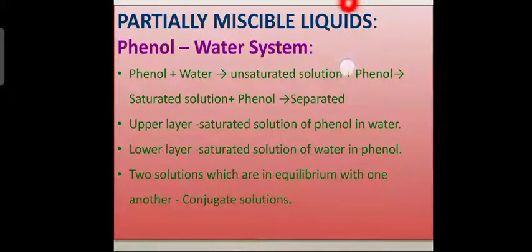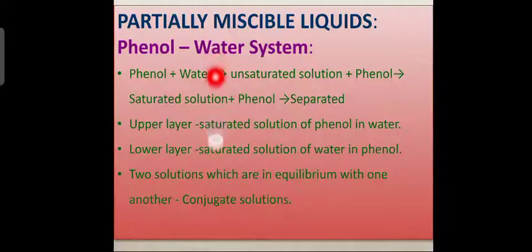Now first let us study the partially miscible liquid, for example the phenol water system. You know that phenol and water are partially miscible. When phenol is added to water, first it dissolves and forms a single layer. Then when you go on adding phenol to the water, after the saturation point it forms two layers.